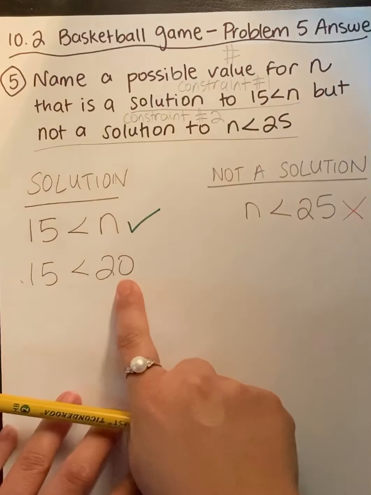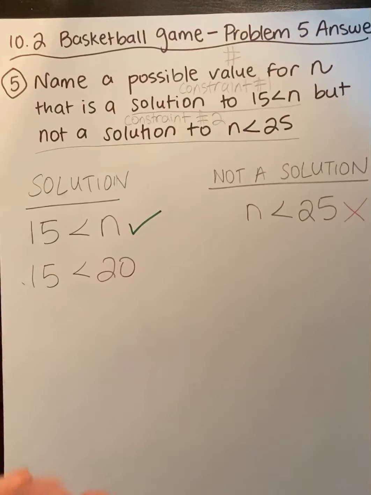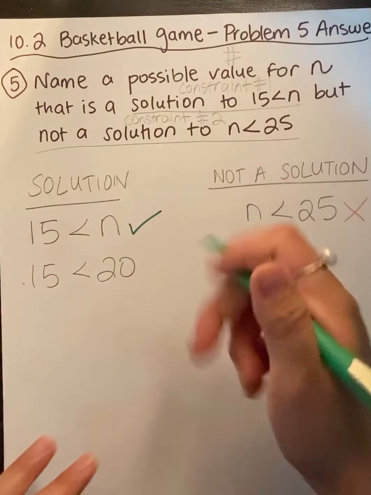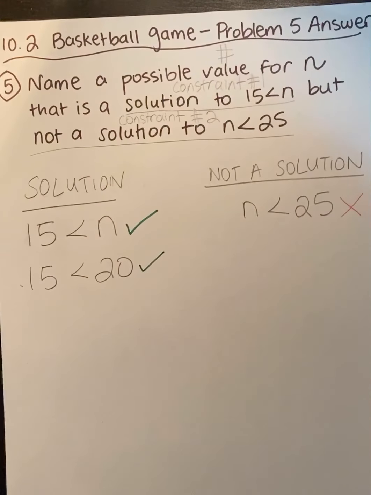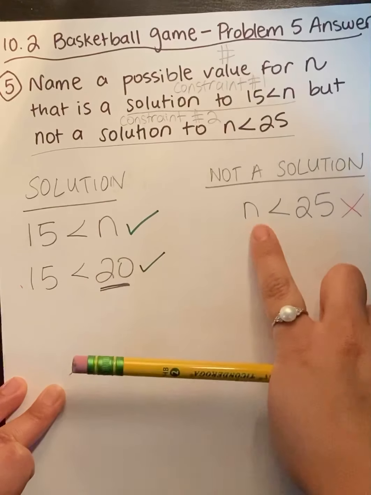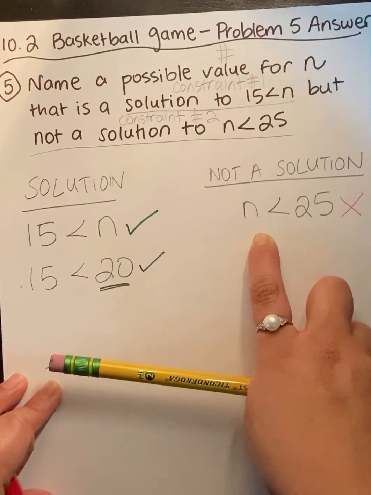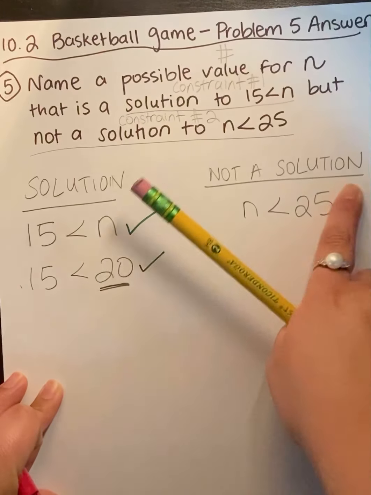And this is true. 15 is less than 20. So I'm going to go ahead and mark my check mark. And I need to take the same value for n, which was 20, and substitute it into this inequality. And when I do, it needs to make it false.